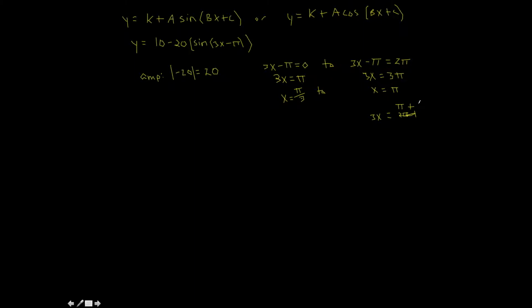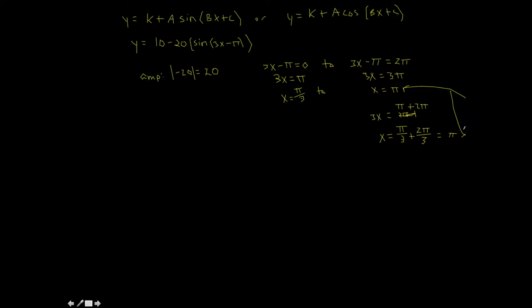Remember, 2 pi always goes second because that's where our period's going to be. Then divide each of them by 3, and so that's pi over 3 plus 2 pi over 3, which equals pi. Okay, this gets us back to this answer right there.